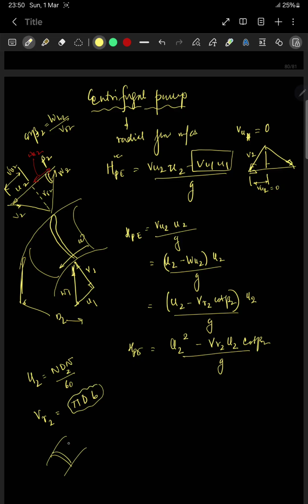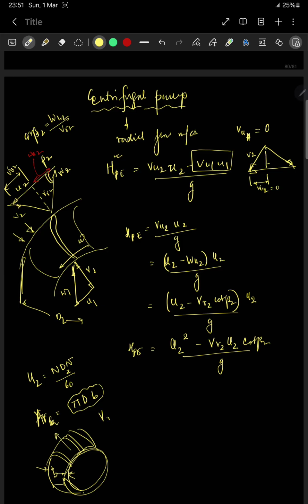If I draw, these are the impellers of the pump. If I see from this direction, this is the top view, right? This is b. This is the area of exit.